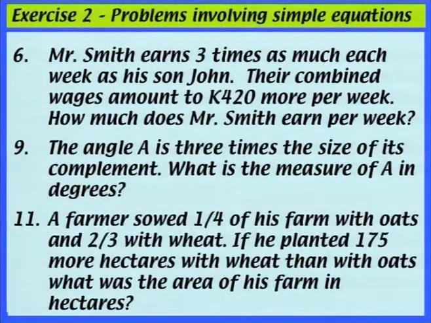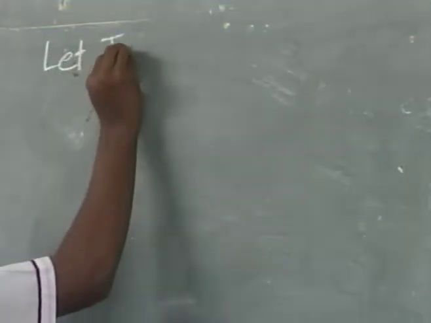Group 2, there is enough space for 2 or 3 people to come and do the question, and then later you can explain. Next one, go and do the number.